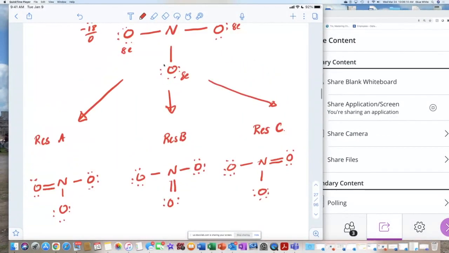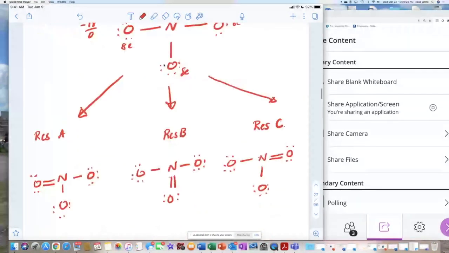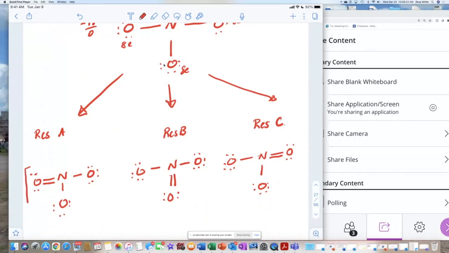I'm not done yet. I mentioned this on Monday: when you have a negative charge or positive charge, when you have a polyatomic ion, you have to include the charge in the Lewis structure. So the Lewis structure technically has brackets and a charge. Brackets and a charge.